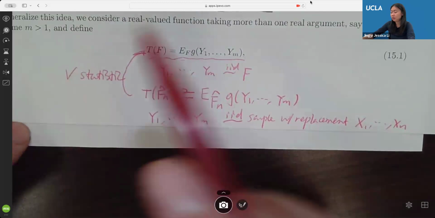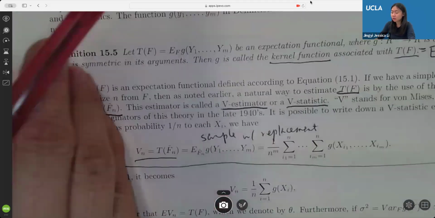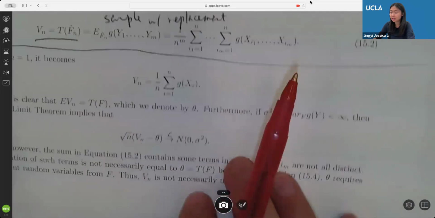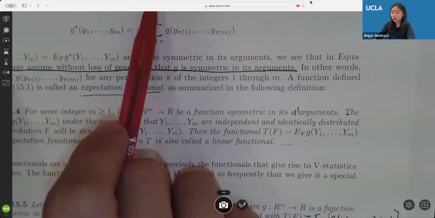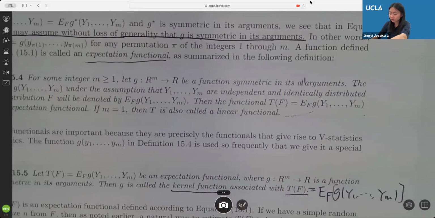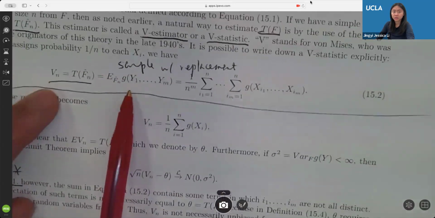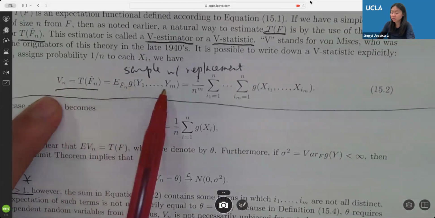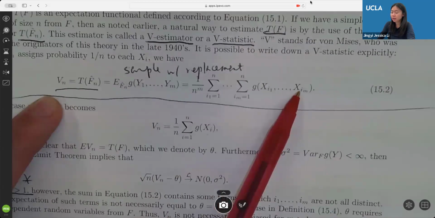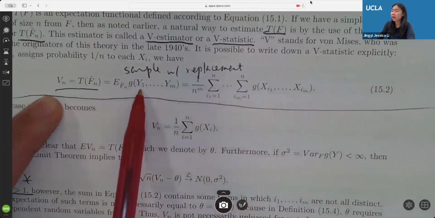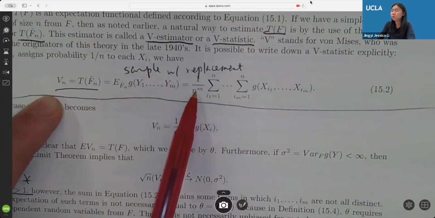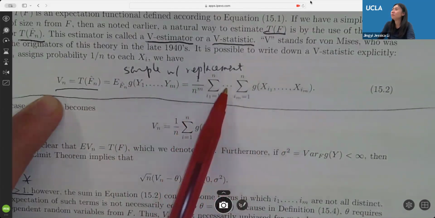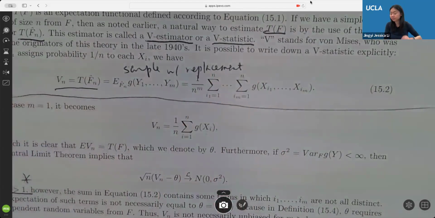So that's why we have this V. Essentially, what we are getting is denoted by V_n. Sample with replacement, you consider all possibilities for each y_i. Since each y_i has n possibilities across m such y_i's, the total number of possibilities is n to the power m. We enumerate all of them. That's the V statistic.